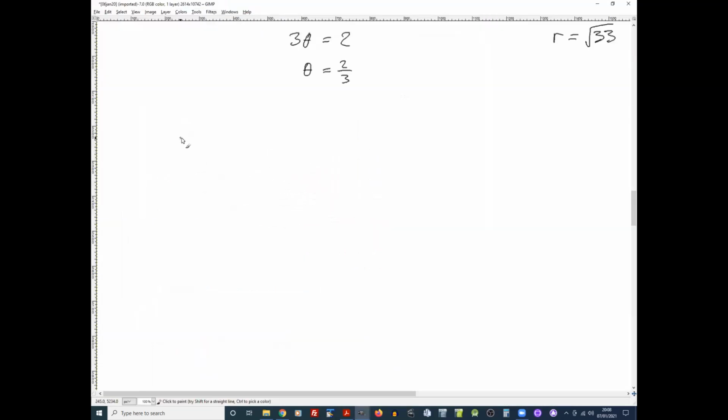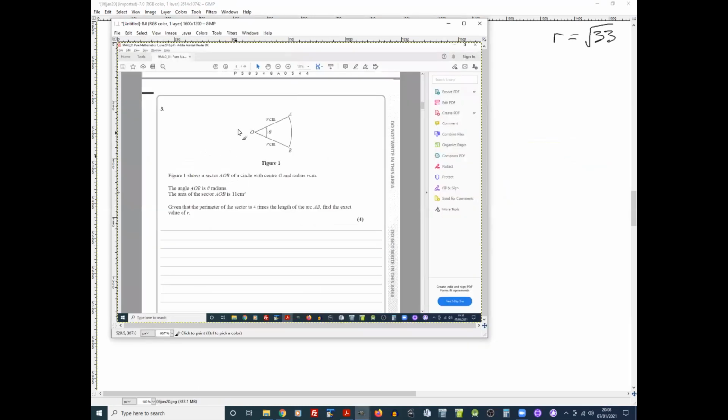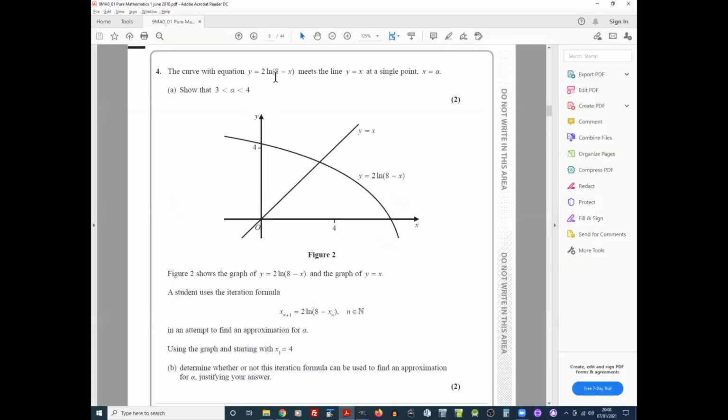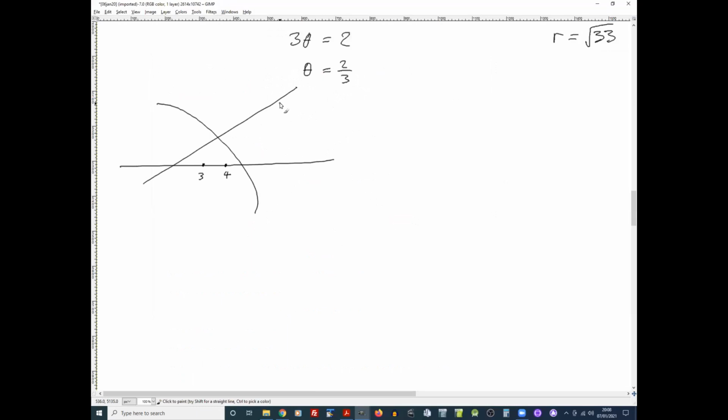It was basically like that, wasn't it? And to show that it's somewhere between 3 and 4, you could show that when you put 3 into both of the two functions, the x value here and the x value here, because this was y equals x, and this was y equals 2 log of (8 minus x), I think.